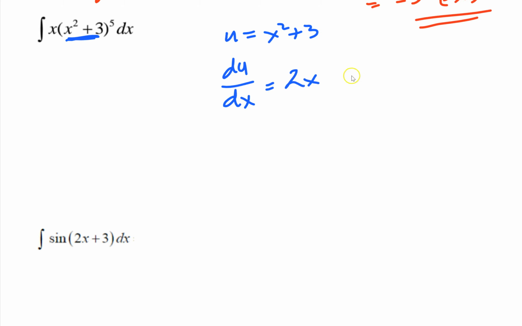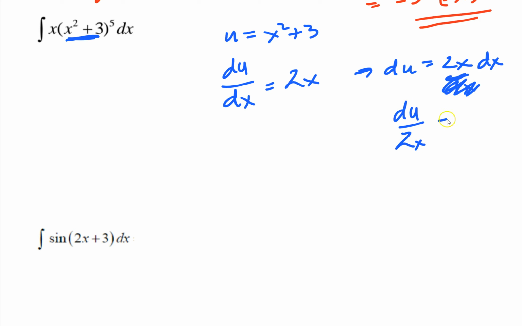So multiply both sides by dx. If you're pro, you can always just skip to whatever that's supposed to be. Oof. I'm apparently not pro. Then divide by 2x. Like that, right? Again, picked my u, took a derivative of both sides. Derivative of u is du dx. That's normal derivative. Try to get the dx by itself, so I just multiply and divide.